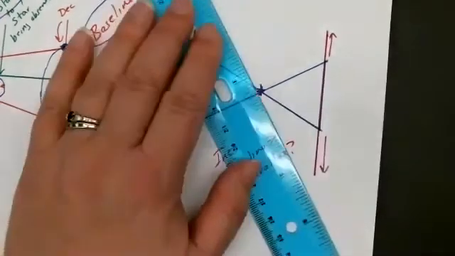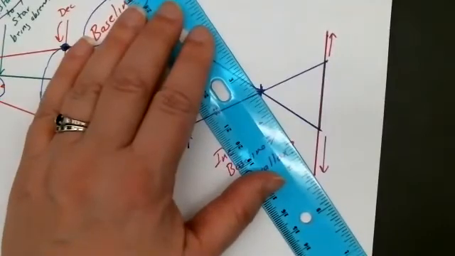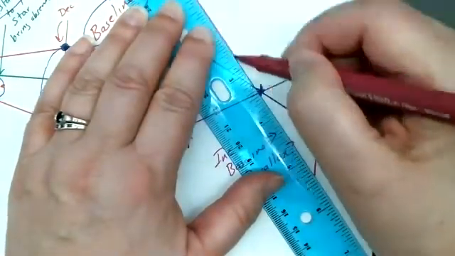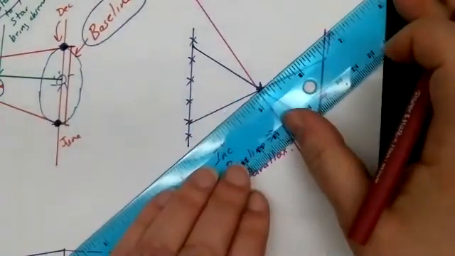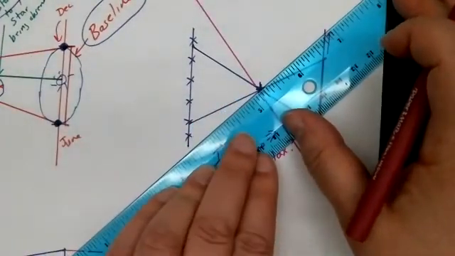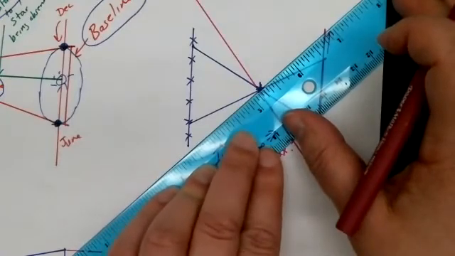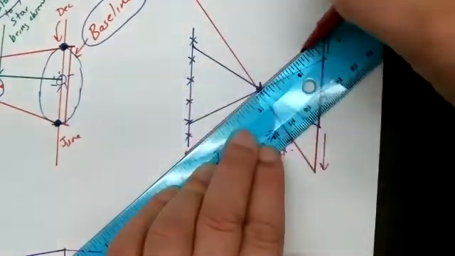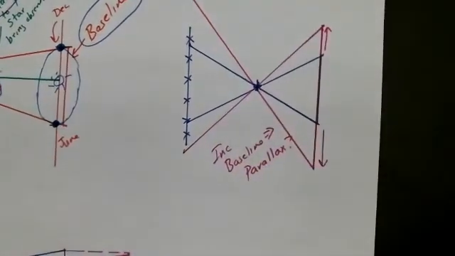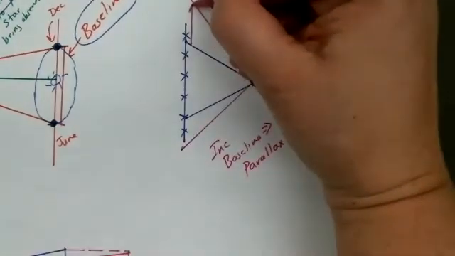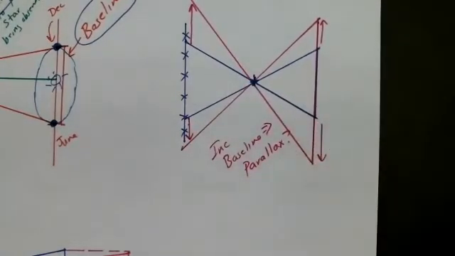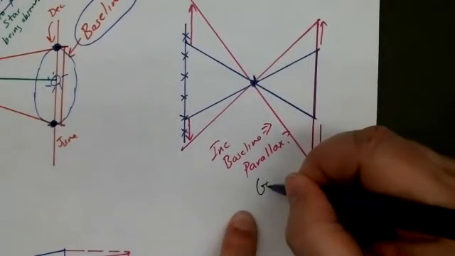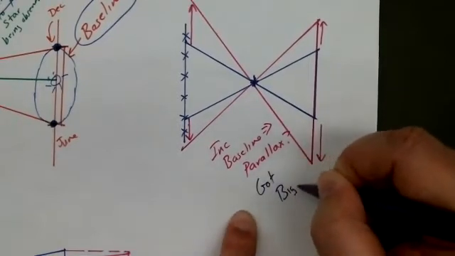Now, make sure you go through your stars. So what's happened is I've increased the parallax shift. Parallax shift got bigger.